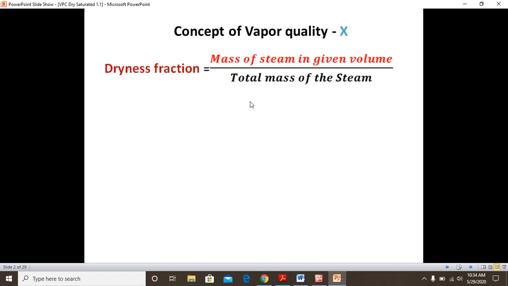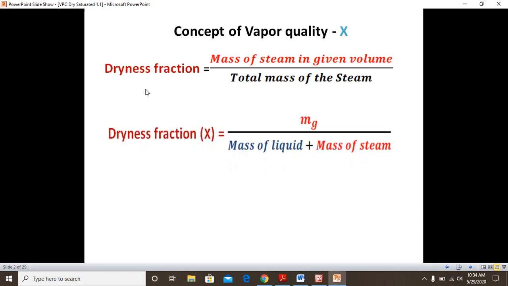drainage fraction. The drainage fraction will be designated by the value x. It is the ratio of mass of steam in a given volume to the total volume of the steam present.